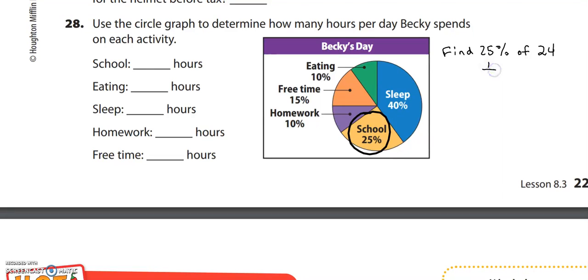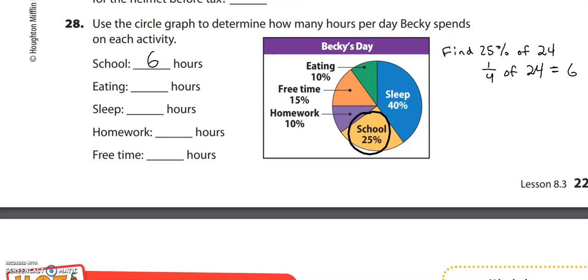A benchmark of 25% is a fourth. So you simply need to find a fourth of 24. And hopefully you know by now that a fourth of 24 is the same thing as dividing 24 by 4. A fourth of 24 is 6. So how much time does she spend in school? 6 hours. That should seem reasonable because most of you spend about 6 hours in school.